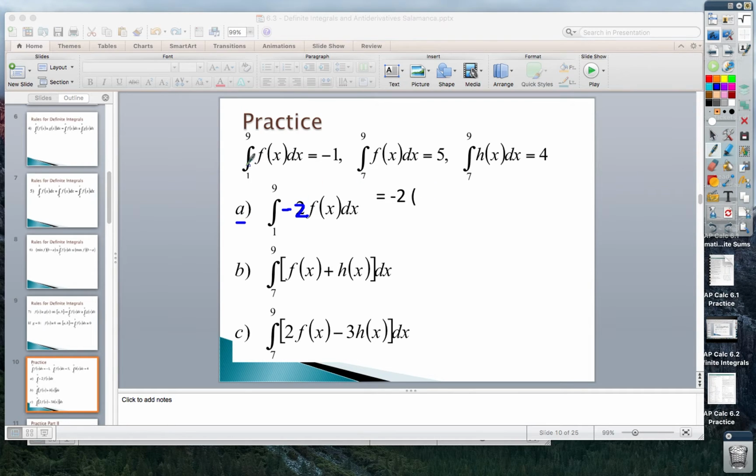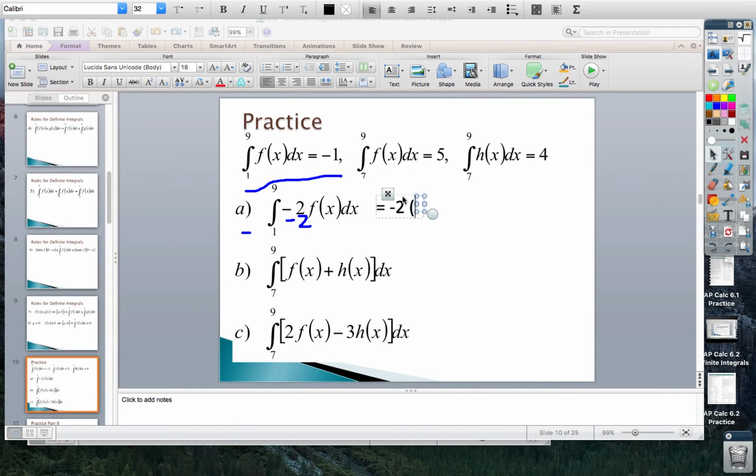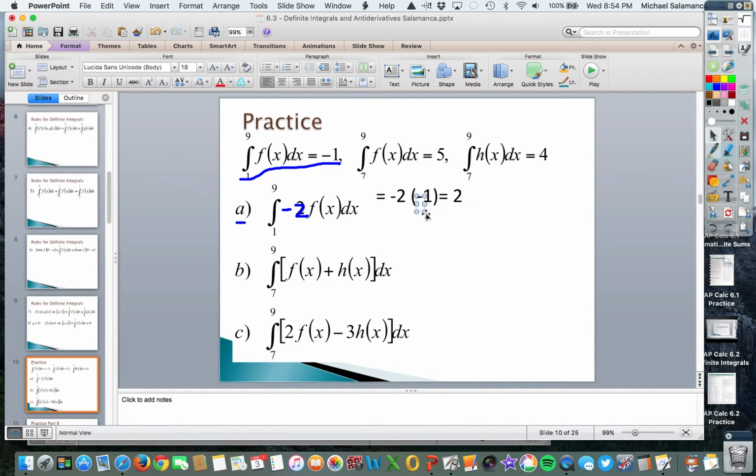Now if you take a look, we have the same exact thing here. It's saying from 1 to 9 of f of x dx, that's equal to negative 1. So negative 2 times negative 1 is equal to 2. And now we have that answer for that particular problem.